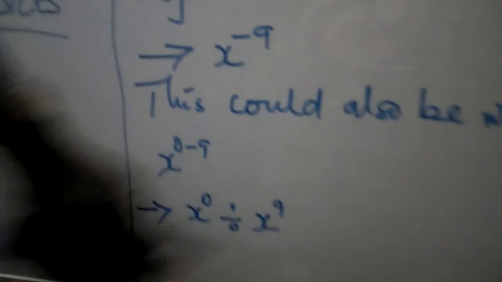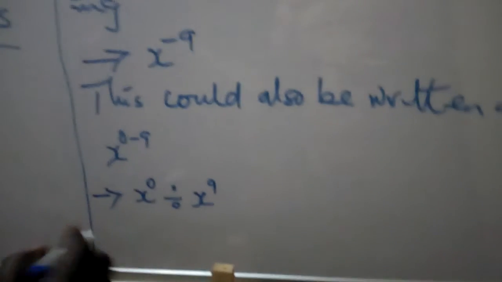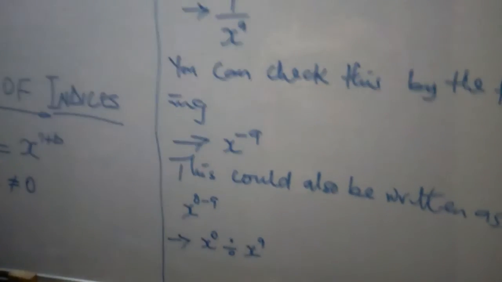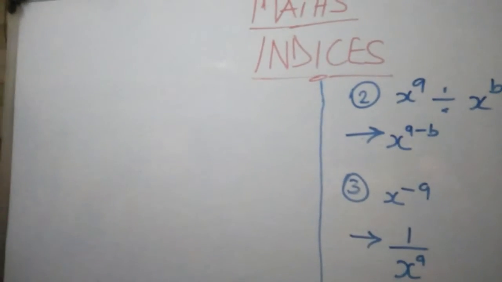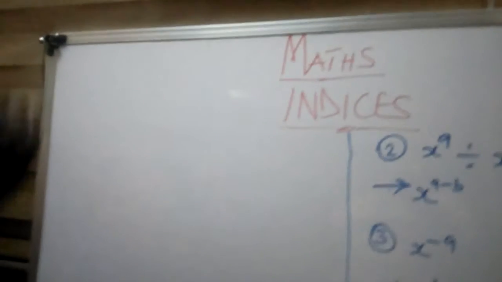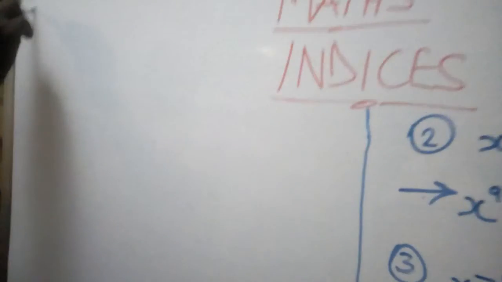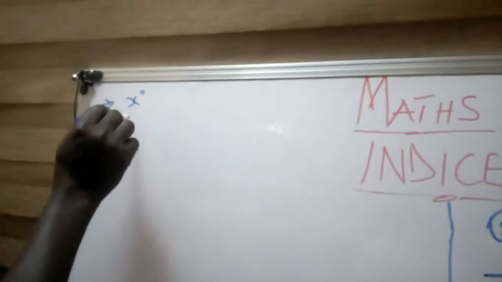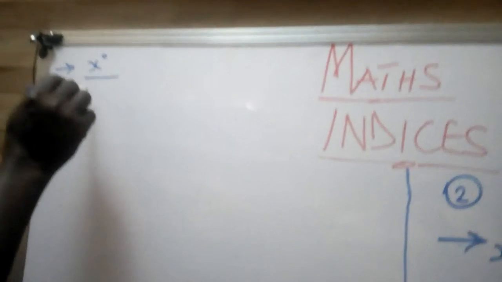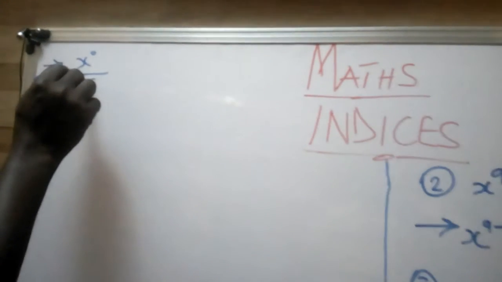And you know, when you are dividing, what you usually have is x to the power of 0 all over x to the power of a.